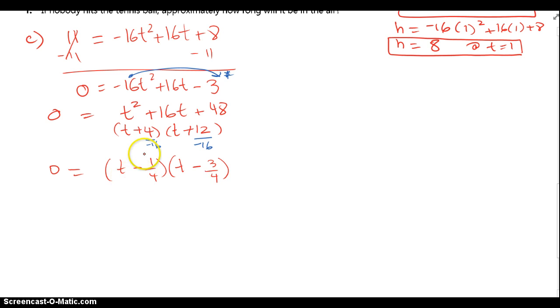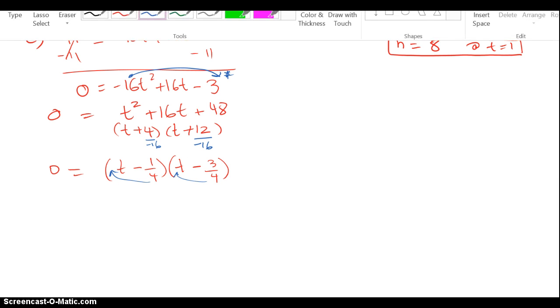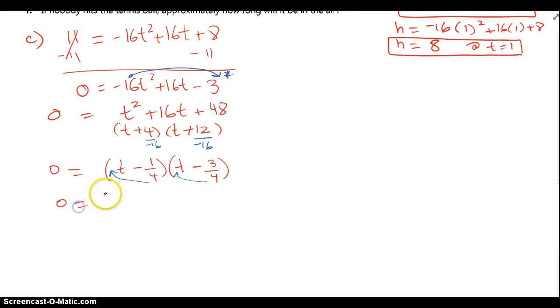Now it's completely simplified, I'm going to move these guys up, and we have 0 equals 4t minus 1 and 4t minus 3.